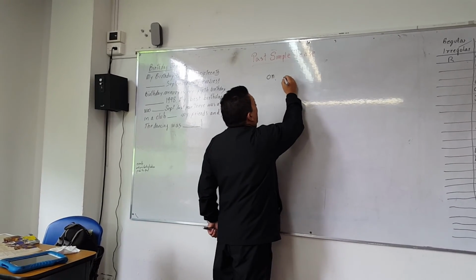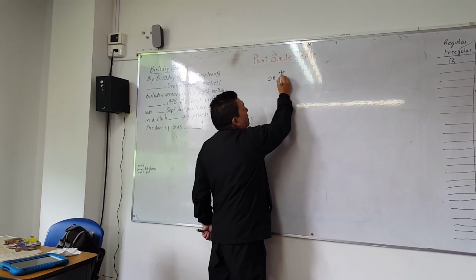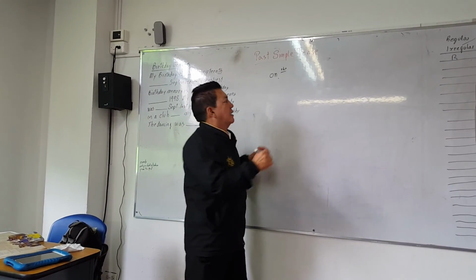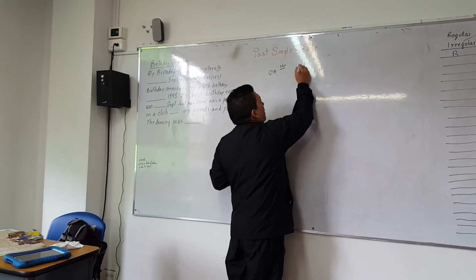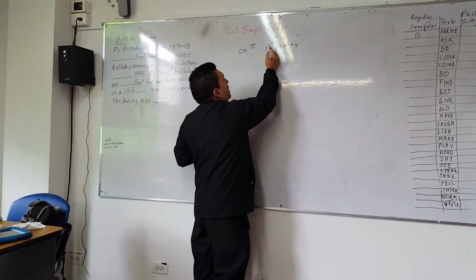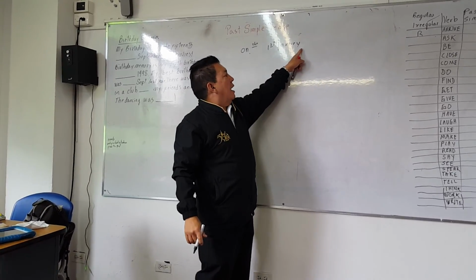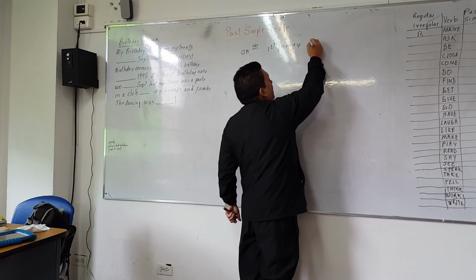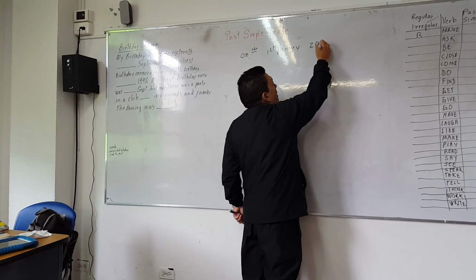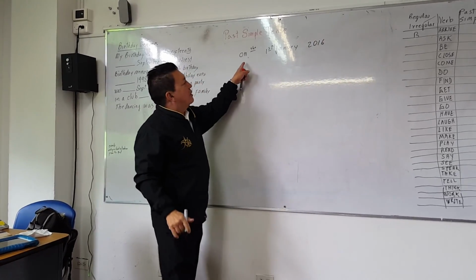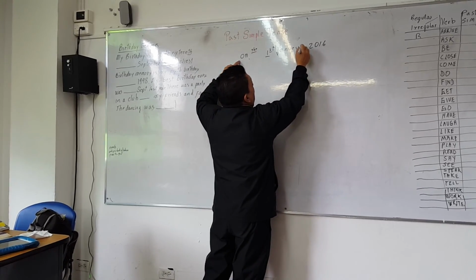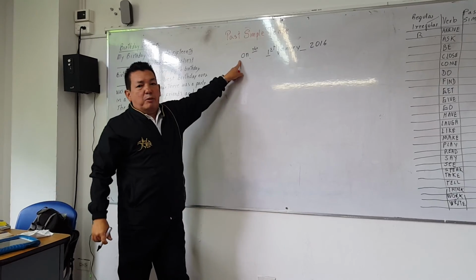So we can say on the 1st of January, and we write the date here, the year 2016, let's say. So whenever you see the number, we just write that preposition on.